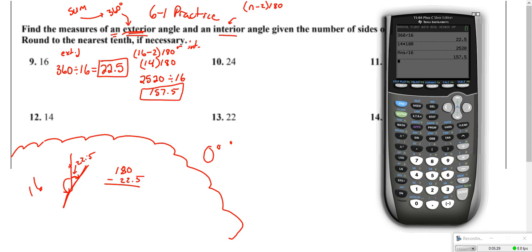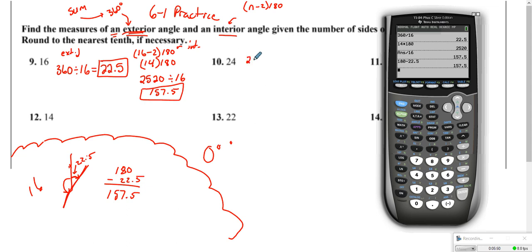So wouldn't I just do 180 minus this to find out what this one is? 180 minus 22.5. What do you know? 157.5. That means on the rest of these, you could start the same way.